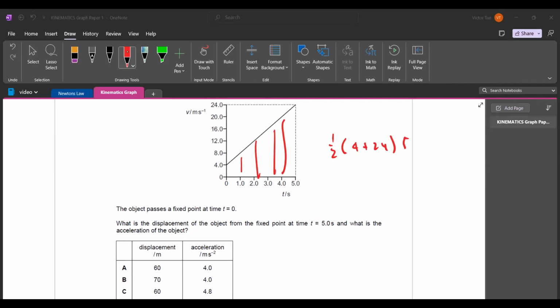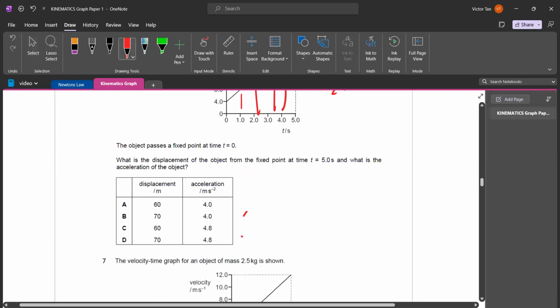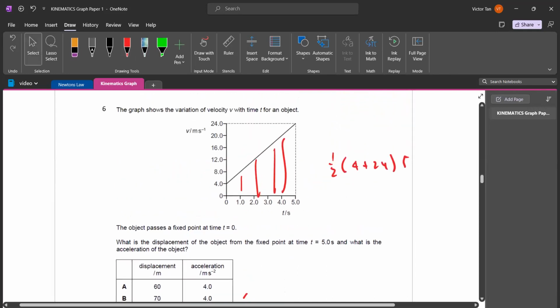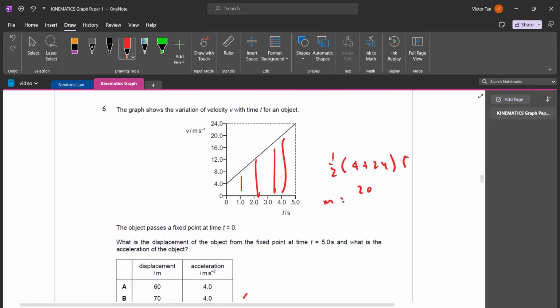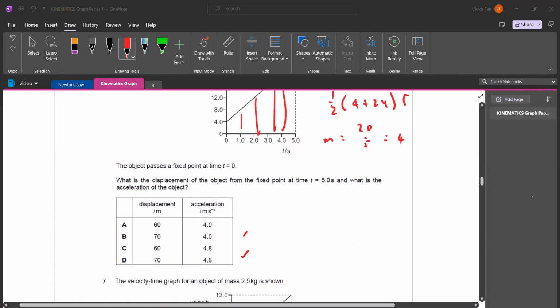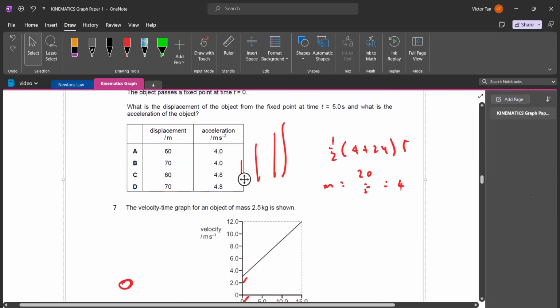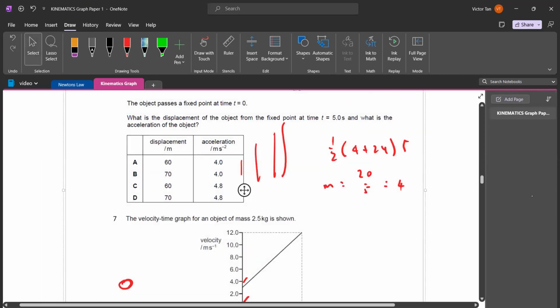So it's 28, 14 times 5, 70. And the acceleration is the gradient. The gradient is 20 over 5 equals 4. And the answer is B. The velocity time graph of an object of mass 2.5 kilograms is shown.